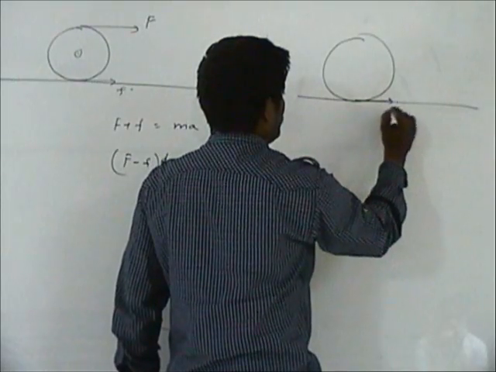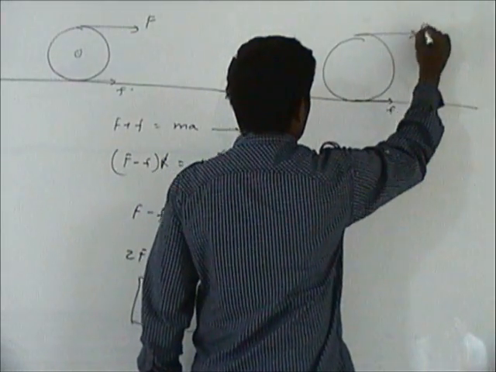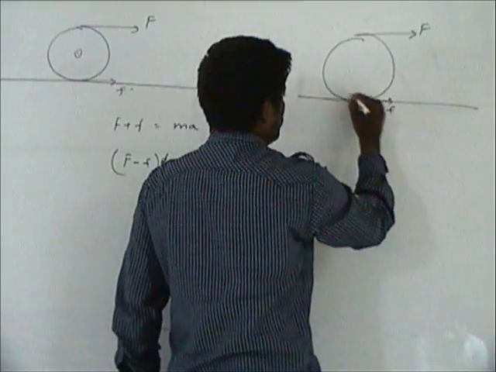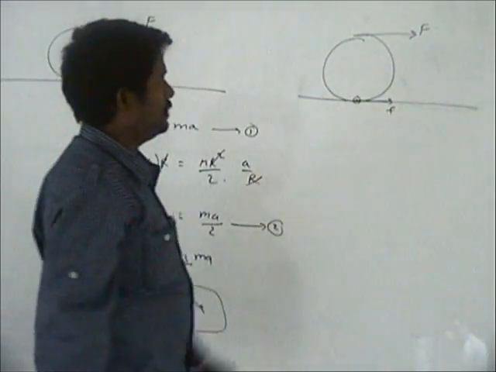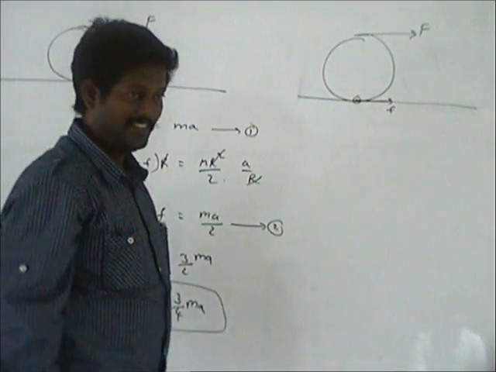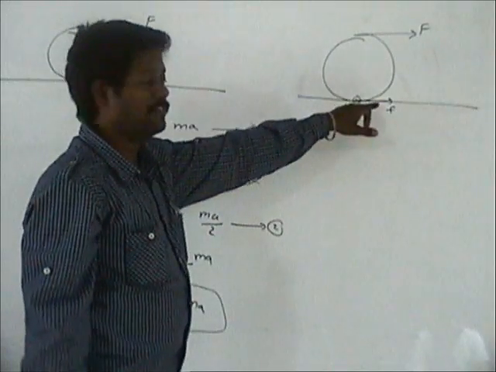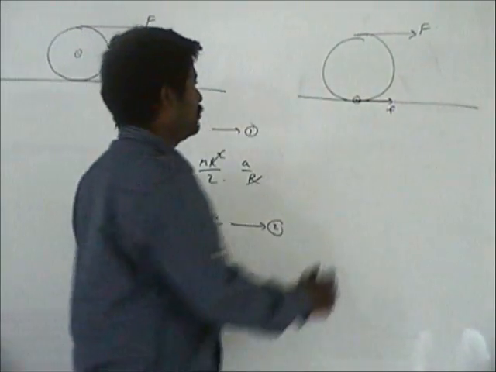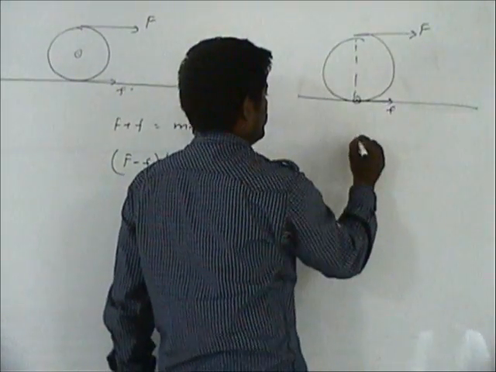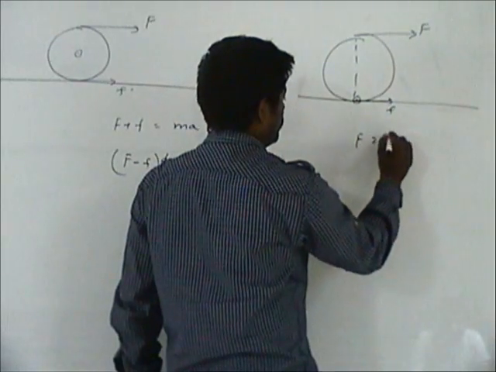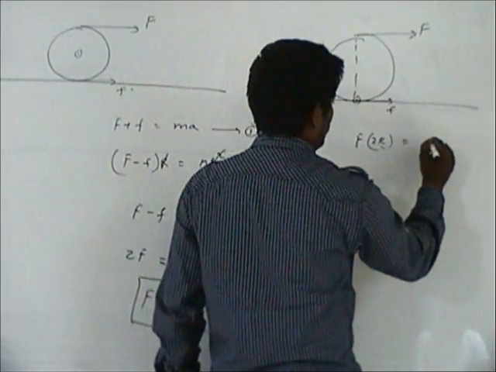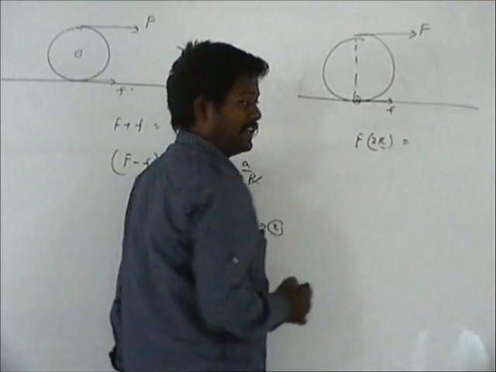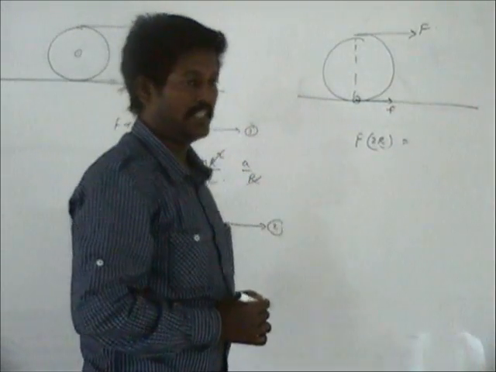The other way to do it is to take only one equation directly. Suppose the frictional force is here and the tangential force is here. I want to take torque about the point encircled here. If that is the case, the frictional force does not provide any torque. There is only one torque, that is F into 2R. Torque is I alpha. About which point we are finding the torque, about the same point I should be taking.